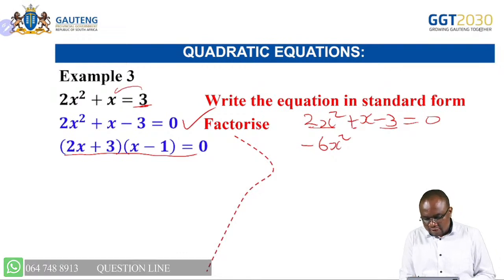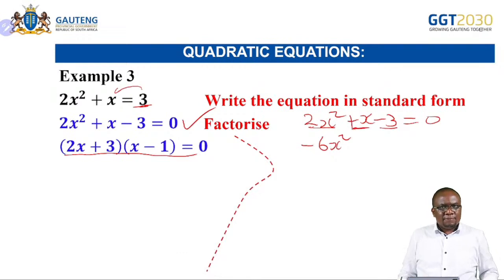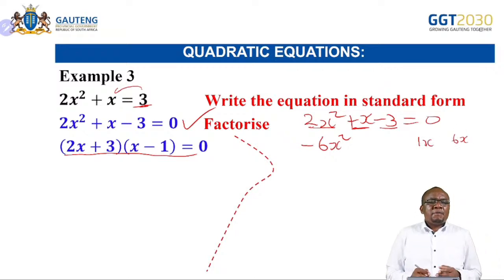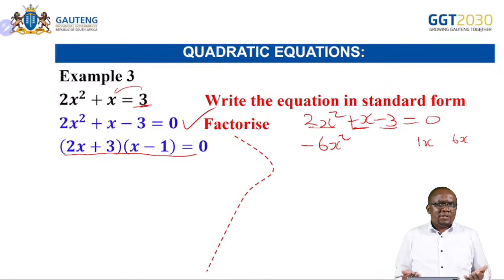That will give us what? A positive 1x. So the factors can be 1x and 6x. Remember I said some people can just use 1 and 6 without putting the x. So this combination cannot give us a 1.